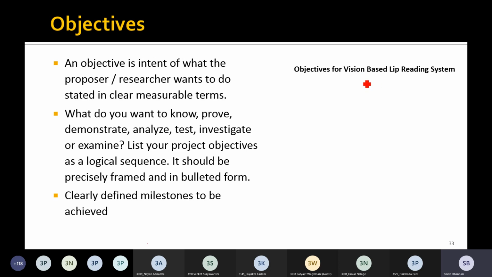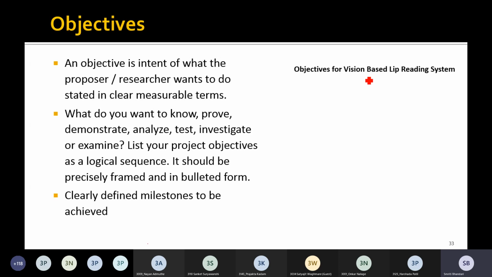What is the problem? The videos without audio are the input for the system. The videos have speakers uttering some text, and the lip movements of the speaker are to be analyzed.